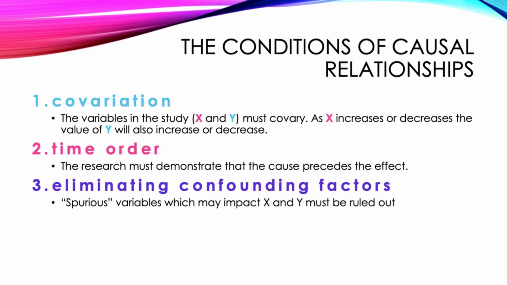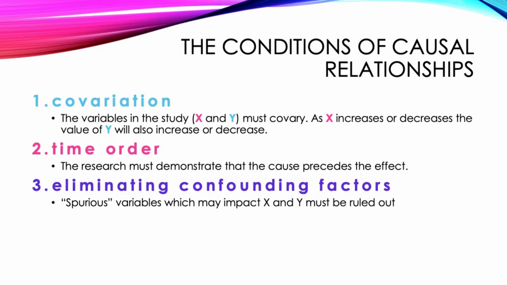So if you're suggesting that X is causing Y to happen, but X actually happens after Y, that doesn't really make much sense. You can't say that something caused another thing to happen when the cause happened well after the effect. So time order, a very simple, very easy one to understand. The cause must precede the effect.